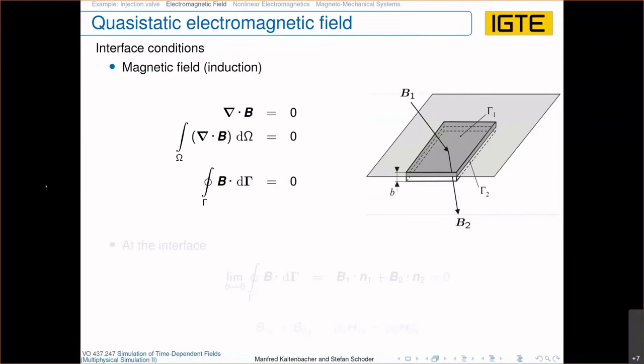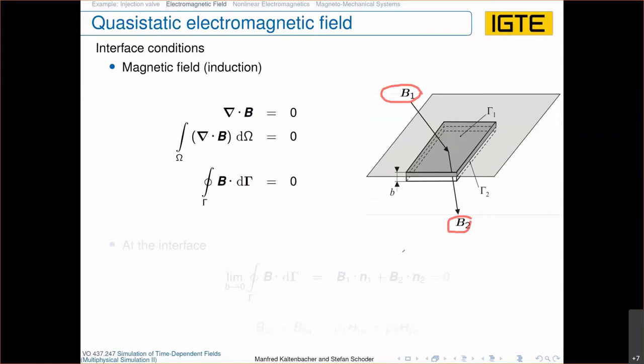So as we can see here, subdomain 1 could be, for example, iron, and subdomain 2 is another ferromagnetic material, and they have different magnetic permeabilities or reluctivities.